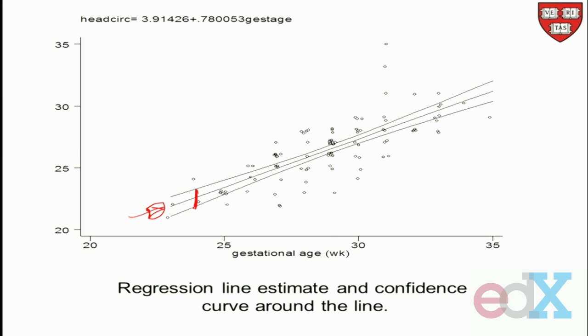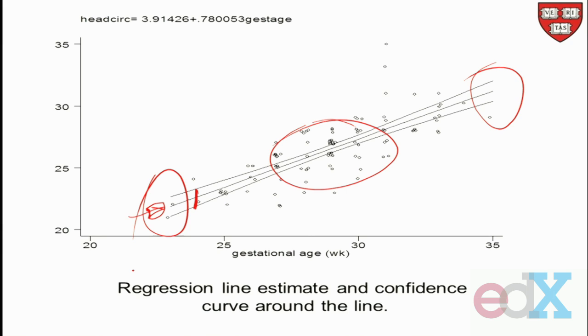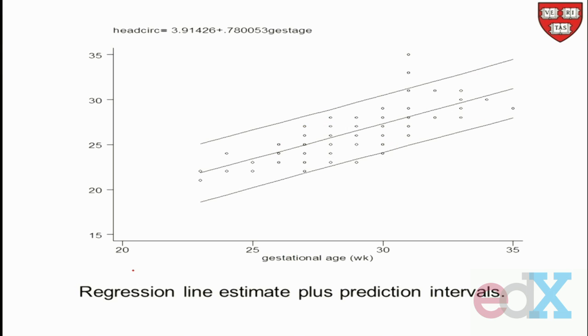That's the interval there. We see that the interval seems to be tighter near the center than on the extremities, and that makes sense because most of our data are near the center, so that's where we've got most of our information. That's how we can come up with a confidence interval.